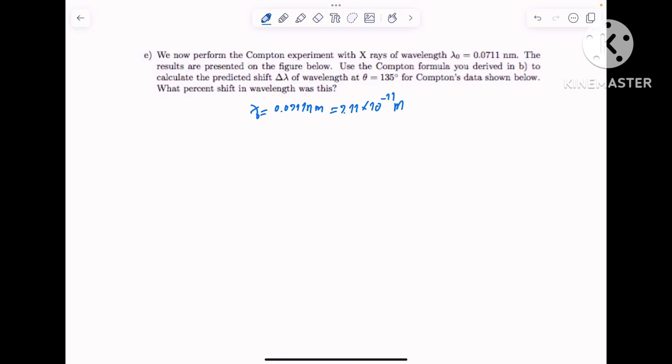The scattering angle theta is 135 degrees. So cos theta is equal to minus 1 over root 2.